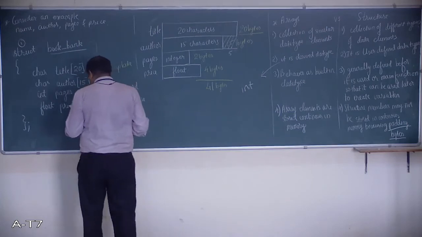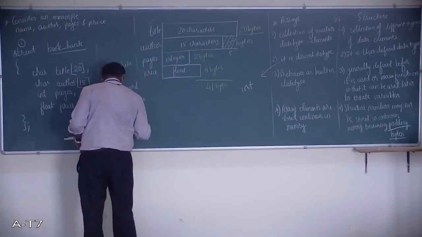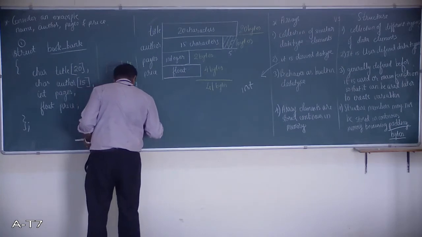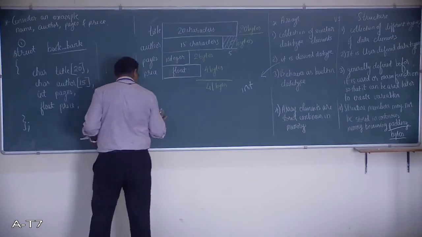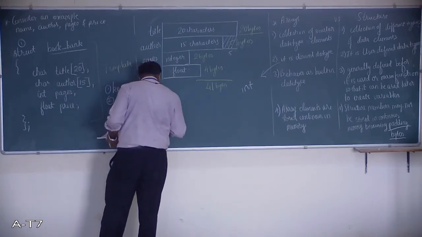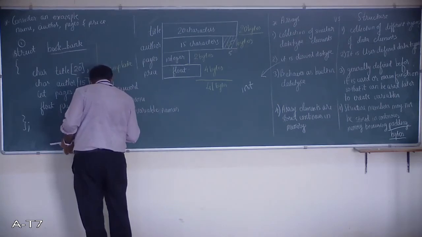Third one is a list of variables. And fourth one is a semicolon.